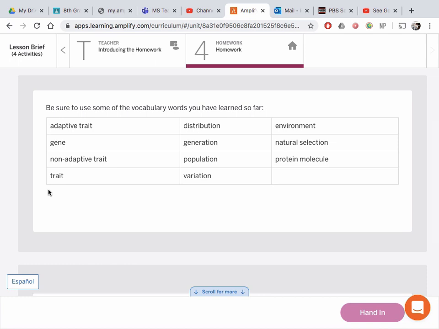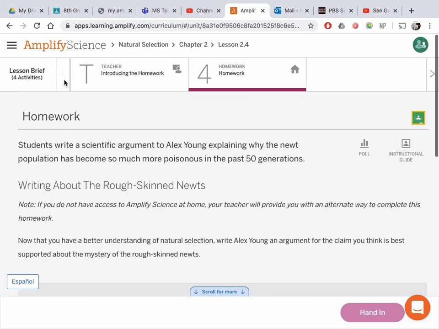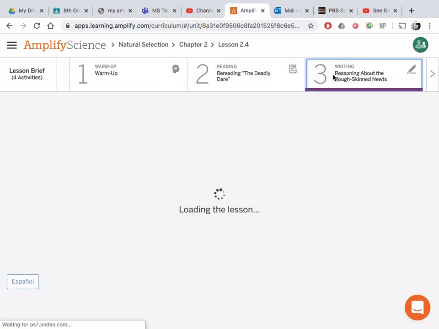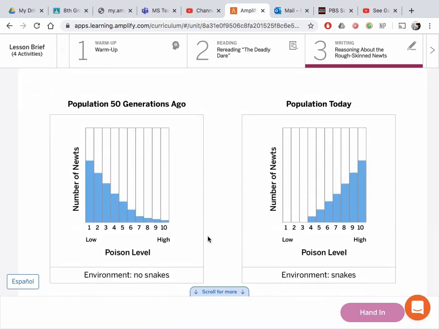You would get a 1 if you really don't understand any of these terms and you don't really communicate to me how the newts have changed over time. The argument is referring to this graph that we saw a long time ago. This is super important. So 50 generations ago, this was the data, this histogram, this distribution.